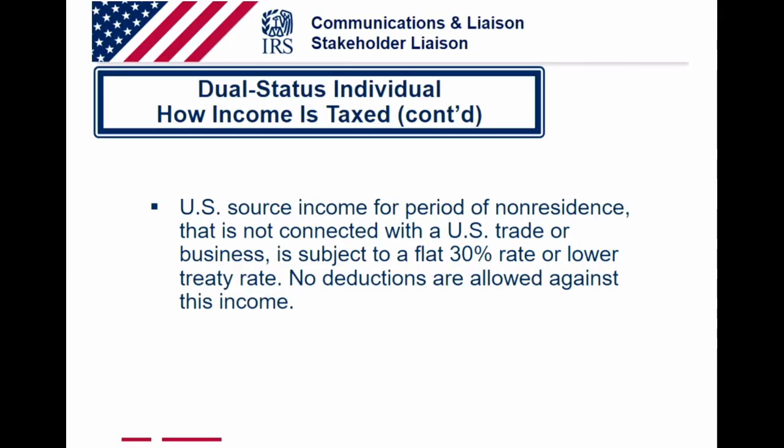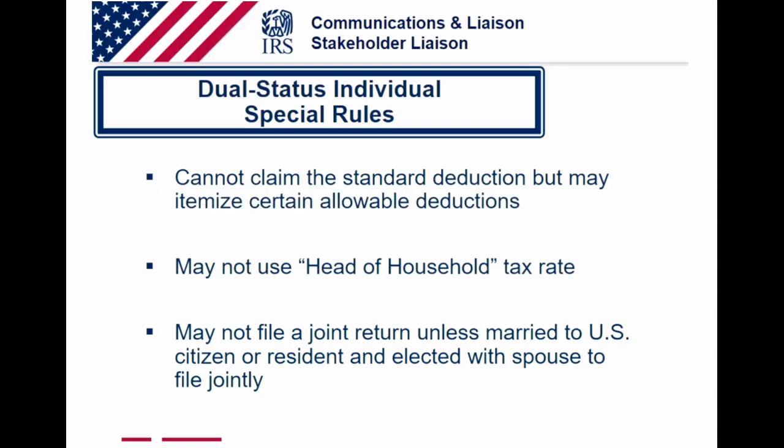U.S. source income that is not connected with a U.S. trade or business for the period of non-residence is subject to the flat 30% rate or the lower treaty rate. No deductions are allowed against this income.